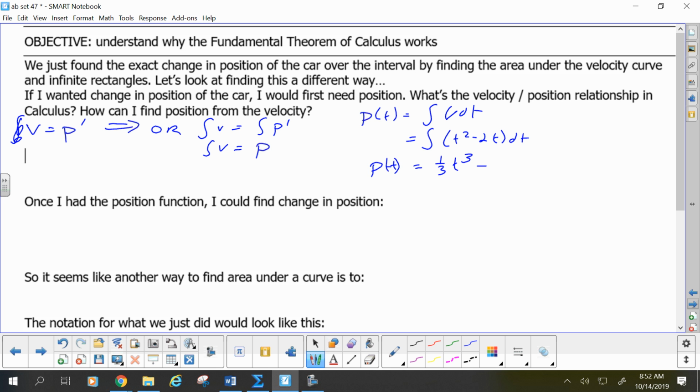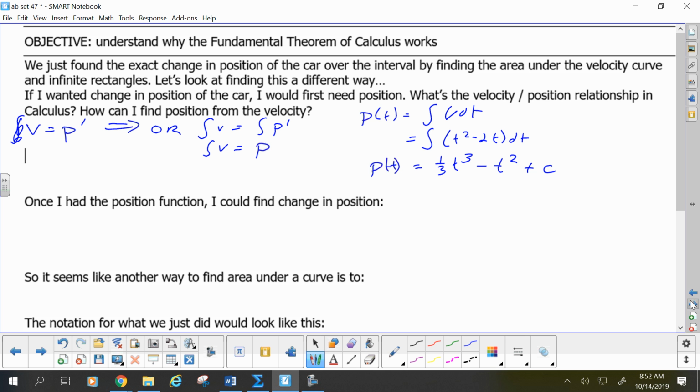And what's the antiderivative of negative 2t? Negative t squared. And then we usually get a constant of integration, right? You with me? So that plus c. I don't really have an initial condition, so I'm just going to leave it there. You with me?